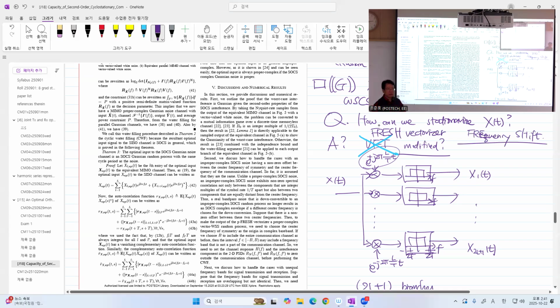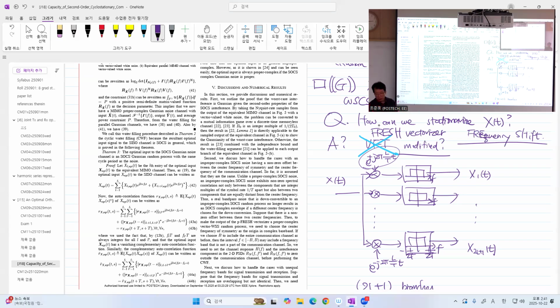Dr. Gardner, who is one of the pioneering explorers of cyclostationarity, coined this so-called FRESH, frequency shift. So this is fresh vectorizer. I'm sorry. So we have frequency shift components and band limiting components. That's why this is called fresh vectorizer.